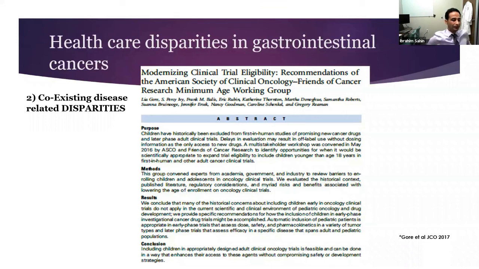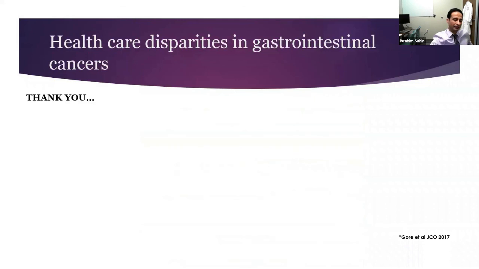This indicates that the criteria should be fair for all parts of society and shouldn't exclude people who have other medical conditions as well.